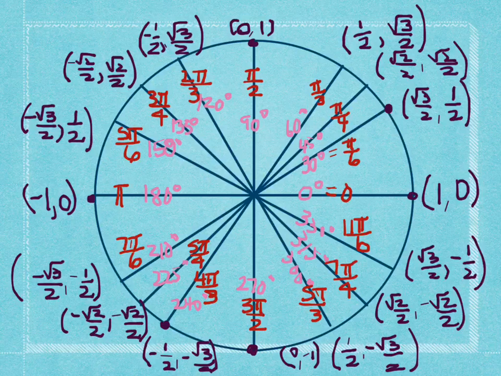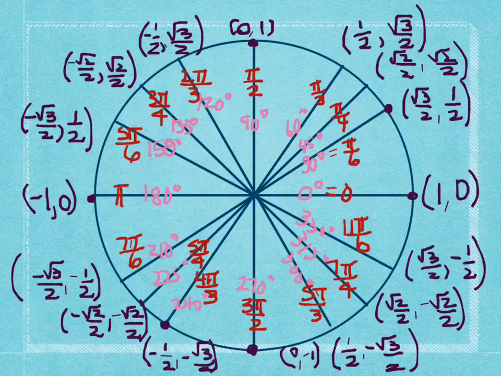Which means there's going to potentially be some problem spots. If I divide numbers, what would be a problem for x to be equal to? 0. If x is 0, then y over x is what we call undefined, right? Where on this unit circle are the x values 0?